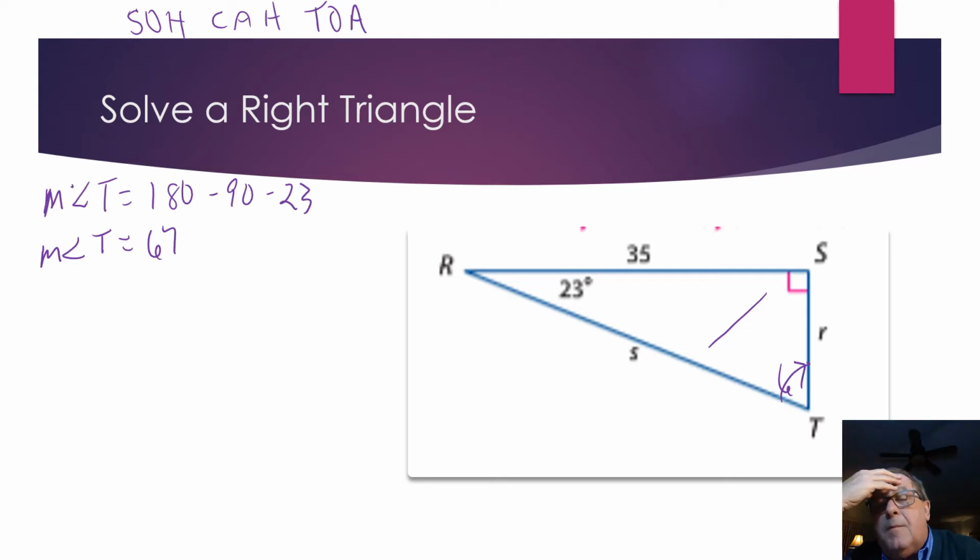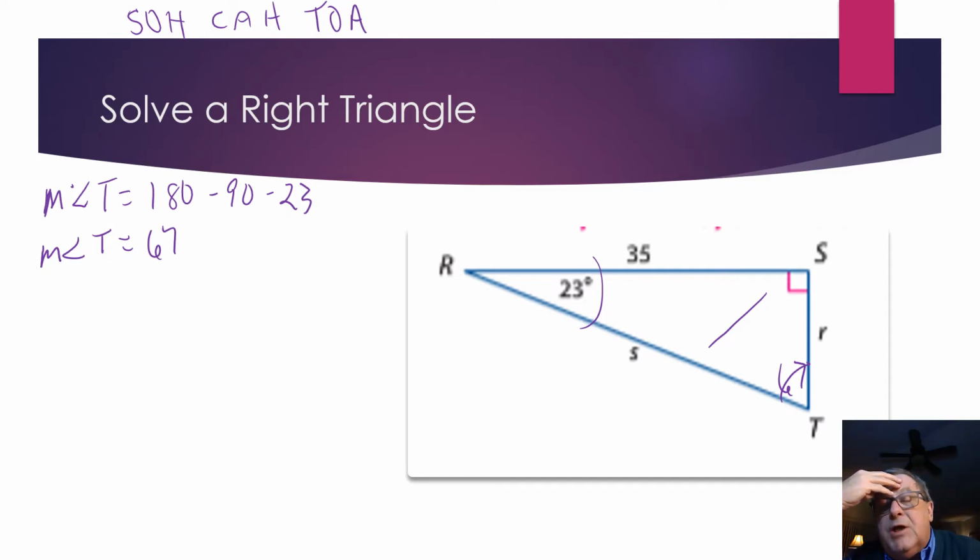One of those is the hypotenuse, and one of those is the side opposite this 23-degree angle. Now, I want to kind of stick with what I have been given as the basis of how I'm going to compute this. So let's start then with the, well, tangent is opposite over adjacent.